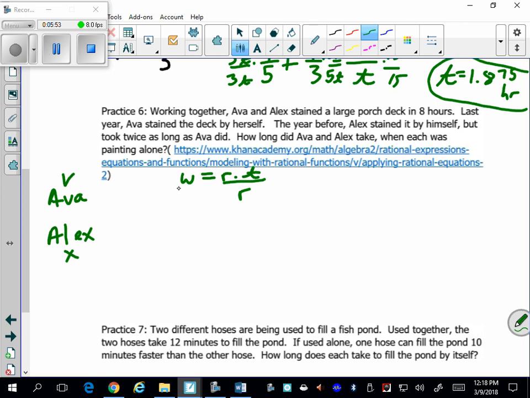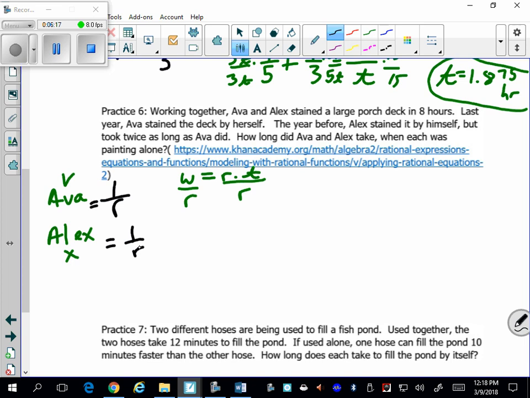So divided by rate. For Ava, we don't know how long it takes her to do this deck, so we want an hour here. And for Alex, we don't know again how long it takes Alex to do this.